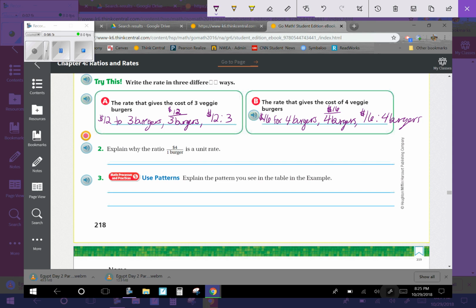Explain why the ratio $4 for 1 burger is a unit rate. That's because it compares it to 1.